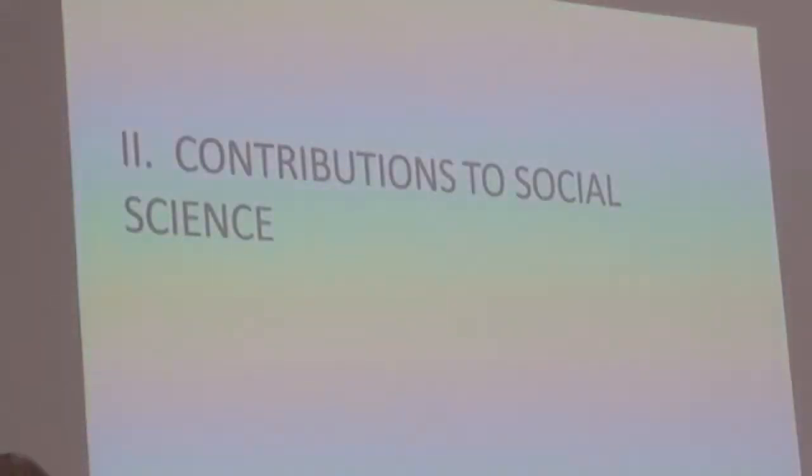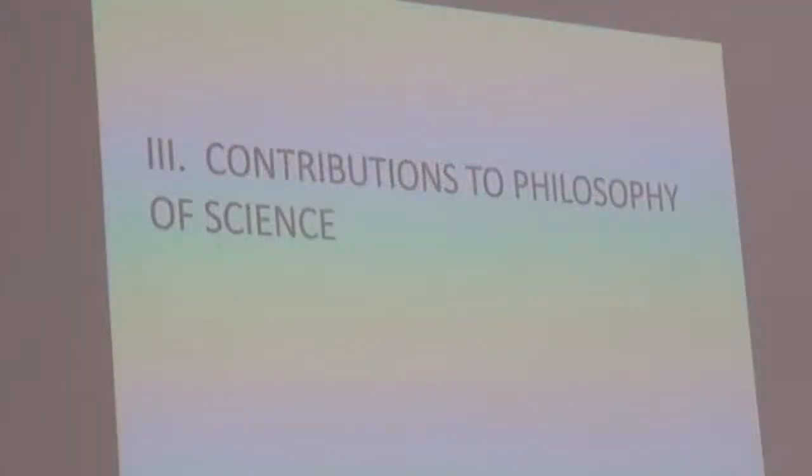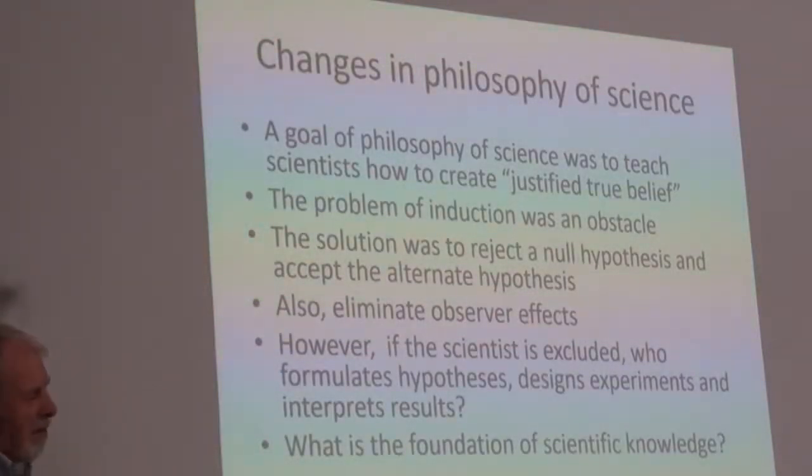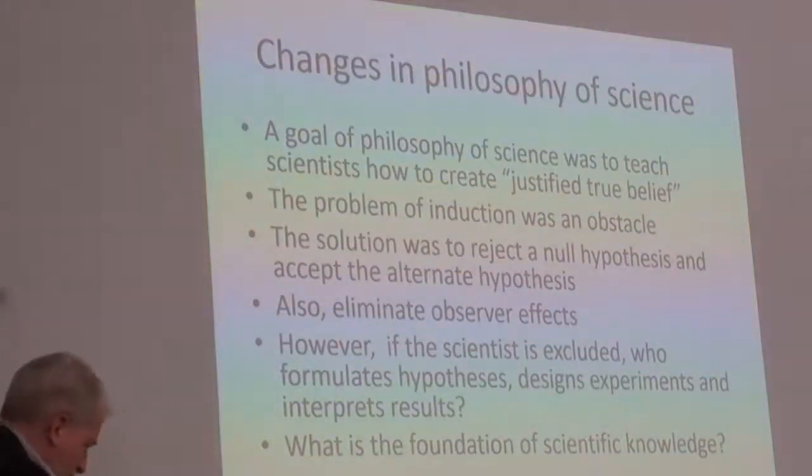I'm suggesting we've come up with ideas, we've developed methods that are useful in extending the old conceptions of social science. Now, philosophy of science. A goal of philosophy of science. Now, this isn't really my field. I get this indirectly. So if somebody wants to correct me, please do.